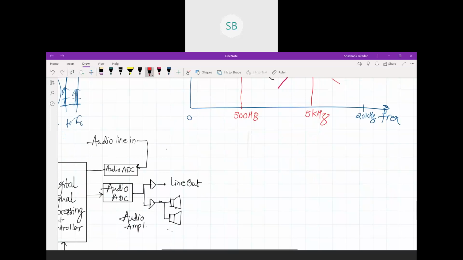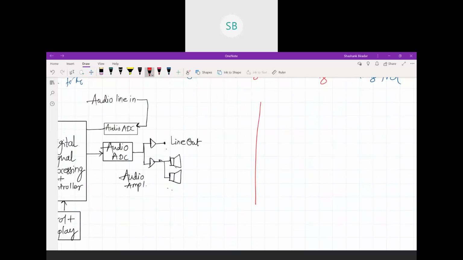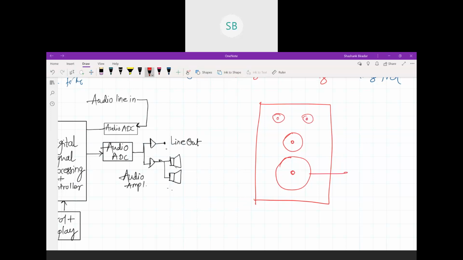If you look at a multi-speaker system, you have this as a woofer, this as a mid-range speaker, and you can have the tweeters like this. This is for low frequency, this is for mid frequency, and these are for high frequency.